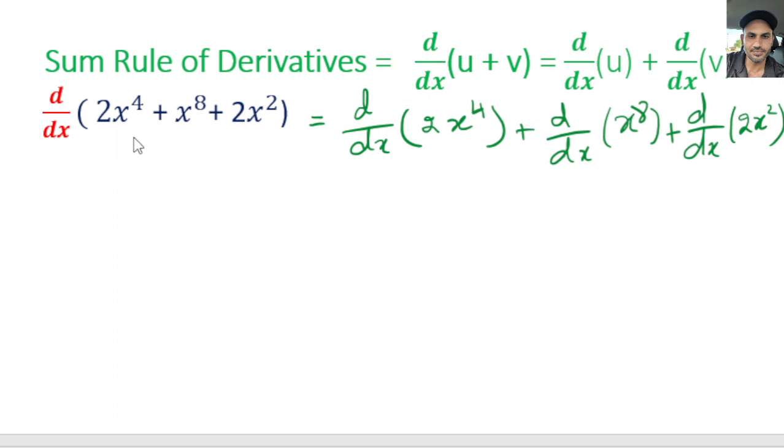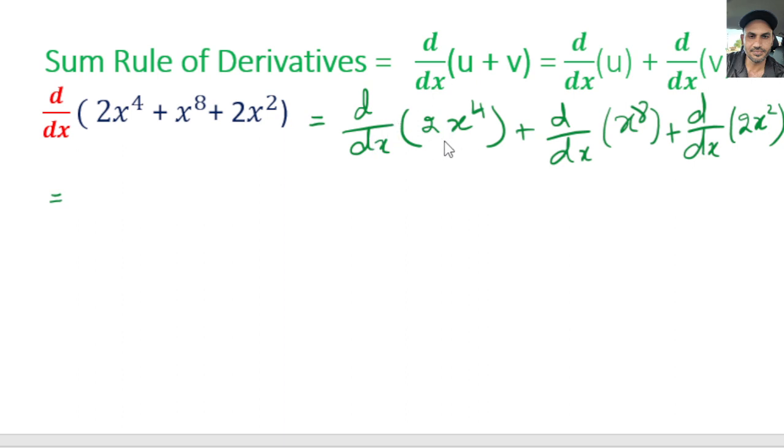So we simplified this expression into this right here by taking the derivative of each individual term inside this expression. And now I'm going to go ahead and solve it further.